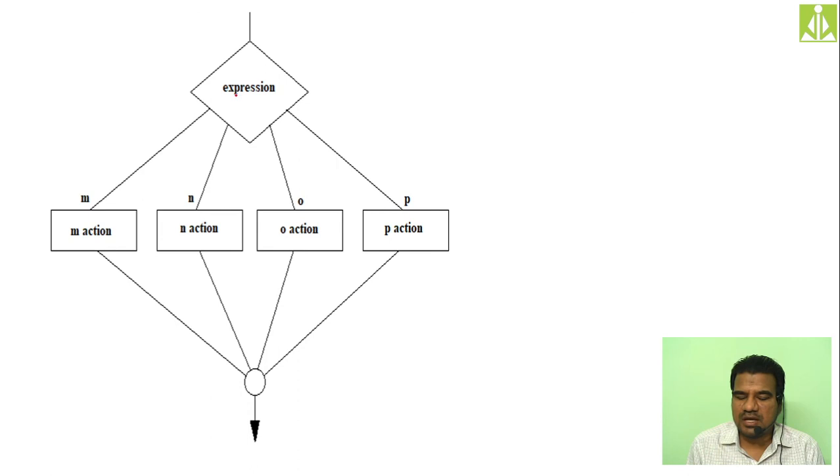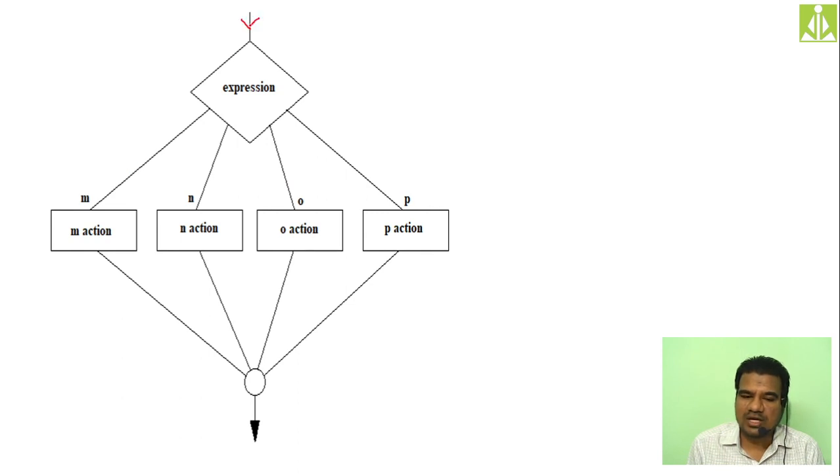If you evaluate this expression and get the output m, let us assume, then we go in this path and perform the suitable actions for result m. If this expression gives n as the final value, then we go in this direction and perform the suitable actions for n.